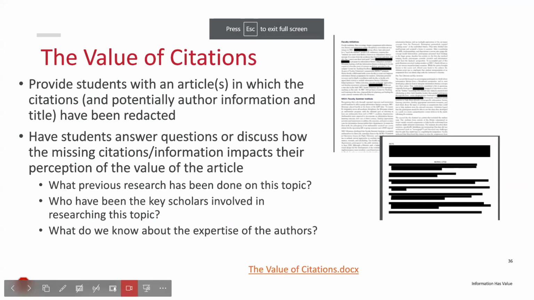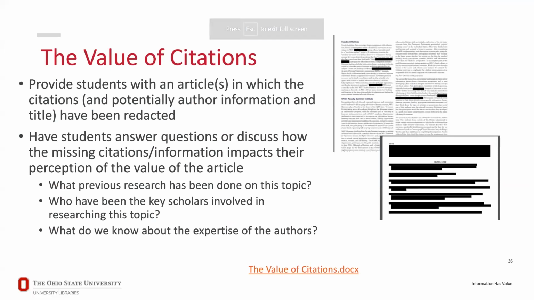We give them an article where they can't access the citations, and have them answer some questions and think about what that means for their understanding and their ability to use that article. They might get some valuable data out of it, but it is going to be more limited because they won't have the ability to easily access the previous research that has been done.